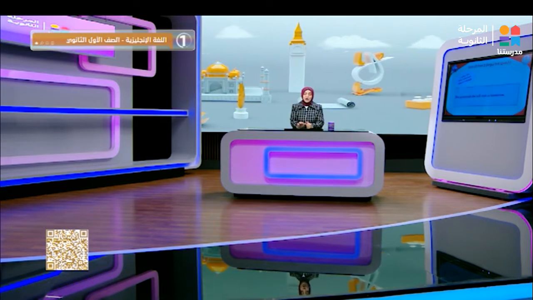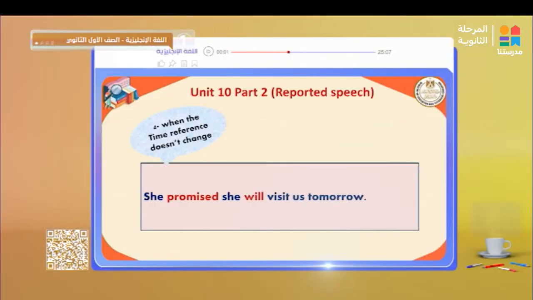Also, when the time reference doesn't change, if you find a sentence like this, "She promised that she will visit us tomorrow," and you are going to choose here will or would, we will use will, not would. Why? In spite of the verb promised being in the past simple, we are not going to change will into would.